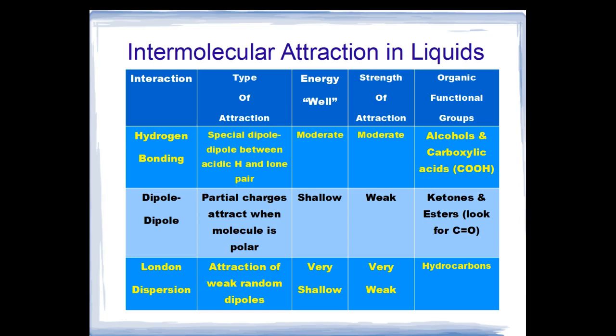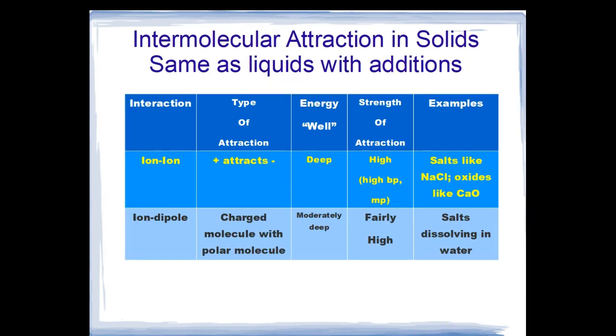The energy well here is moderate, strength of attraction is moderate, and we find these, for instance, in alcohols and carboxylic acids in our organic chemistry.